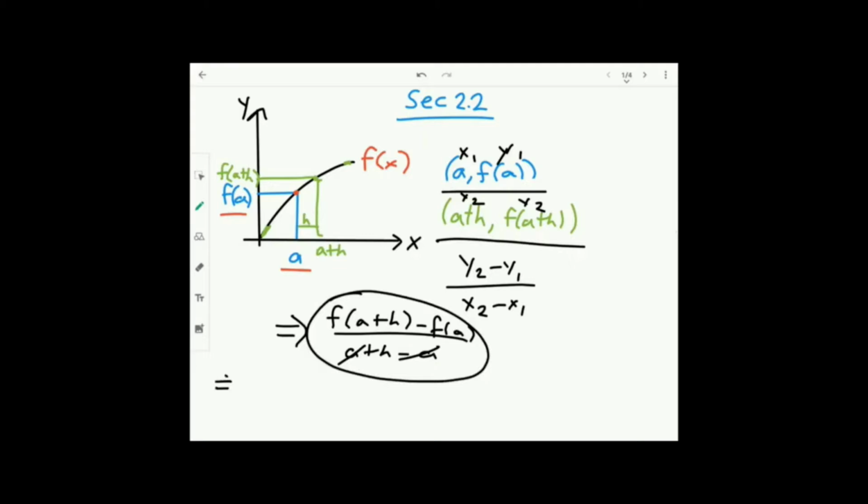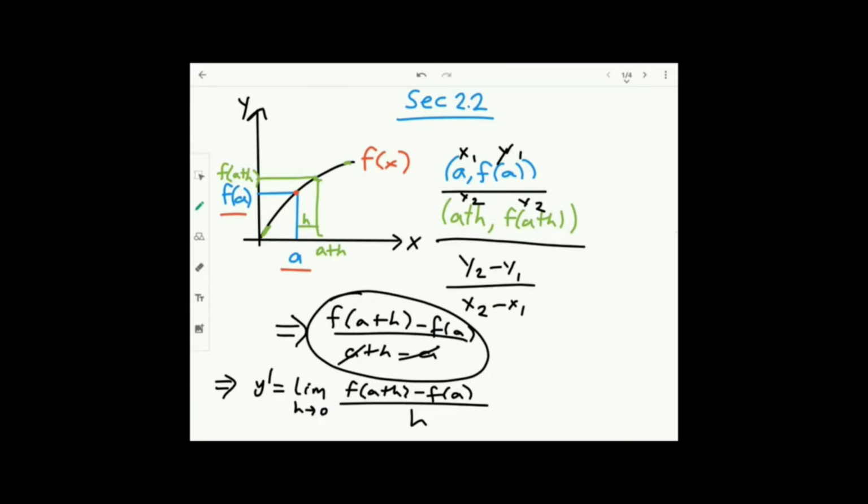Let me phrase it more formally. f prime of a equals the limit as h tends to 0 of f of a plus h minus f of a over h. So this shows us that the derivative is basically the more detailed form of the slope.